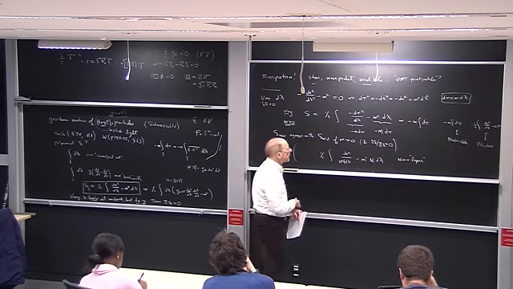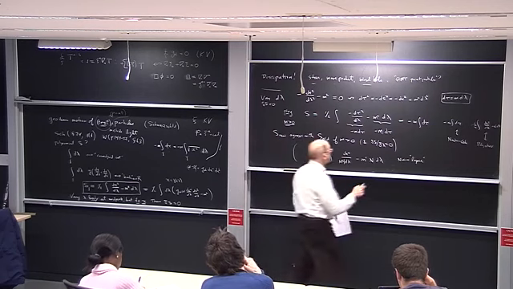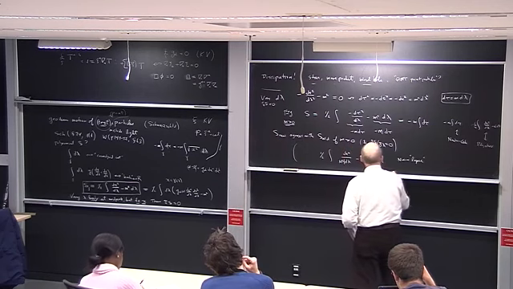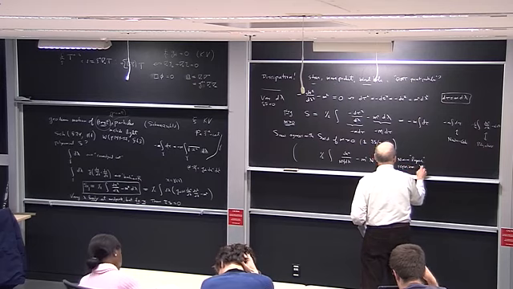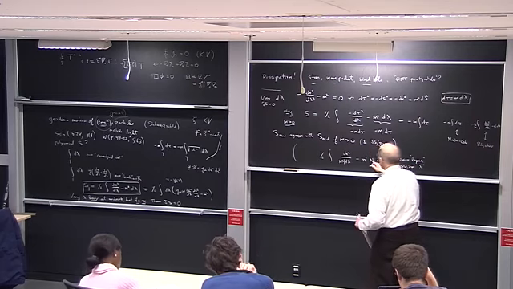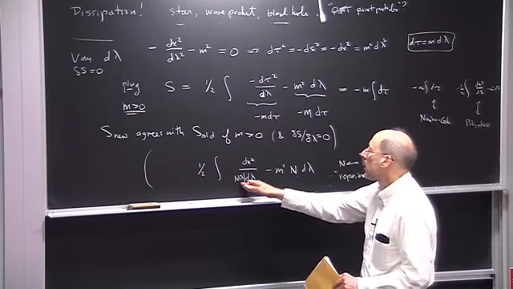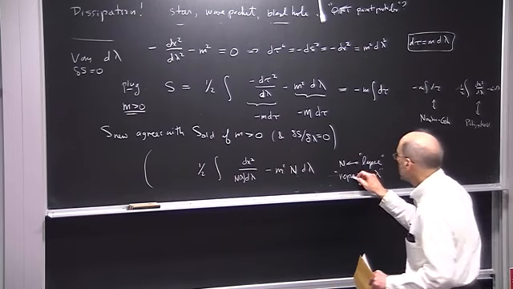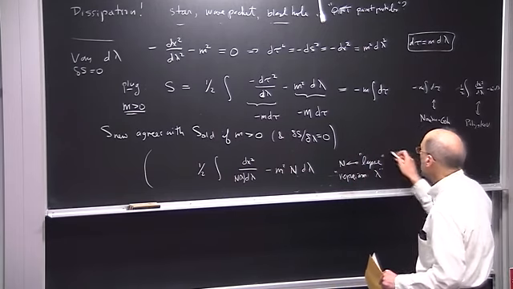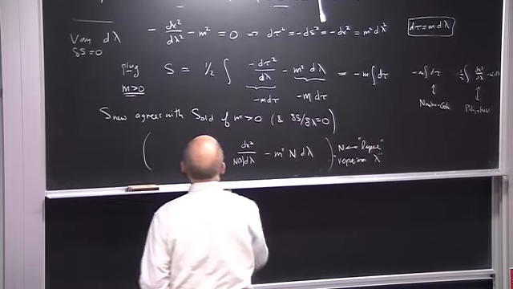And this redundancy is what's called reparameterization invariance. So now I can reparameterize lambda, that is, change it to any function of itself as long as I don't change it at the endpoints, and there'll be a corresponding change in n that will leave the action unchanged. It looks like I've introduced a huge gauge invariance into this theory.